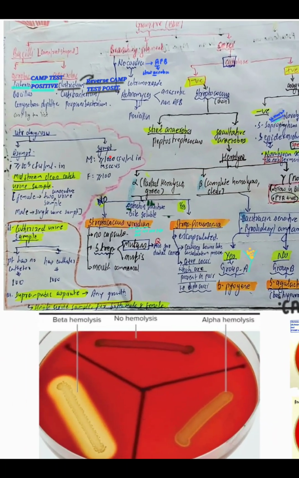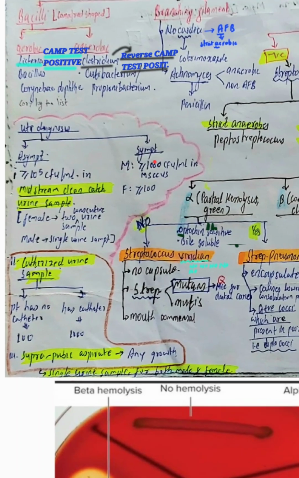Now next, UTI diagnosis. In an asymptomatic patient, 10 to the power 5 colony forming units per ml in a midstream clean catch urine sample. For females, it should be found in two consecutive urine samples. For males, a single sample.